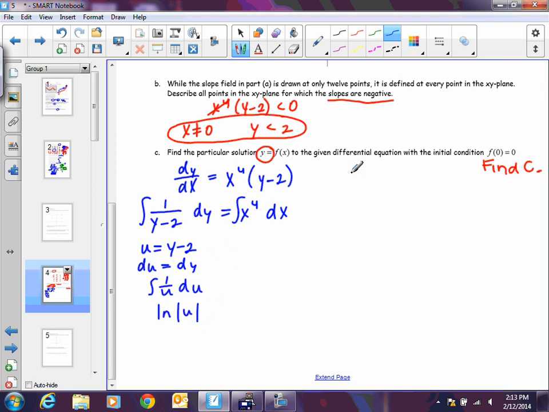Okay, so all of that to say, I'm going to switch color here. This right here is going to become natural log of absolute value of y minus 2. And again, the plus c, we're just going to put at the very end on the right side. Okay, antiderivative of x to the fourth. However you want to write it, it doesn't matter. And then here's where we put our plus c's.